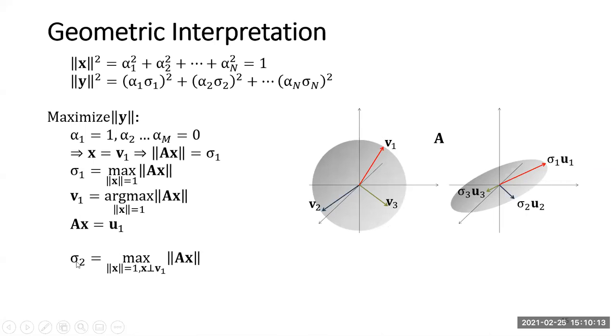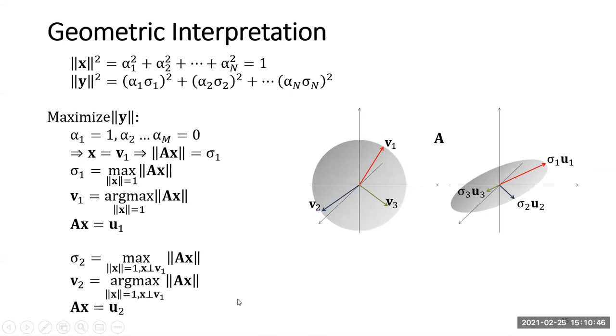So the next highest stretching direction is along v2. If I pick x equals v2, I would get y equals sigma 2 u2. So sigma 2 equals the max over unit vectors x orthogonal to v1 of the L2 norm of Ax, and v2 is the argmax.